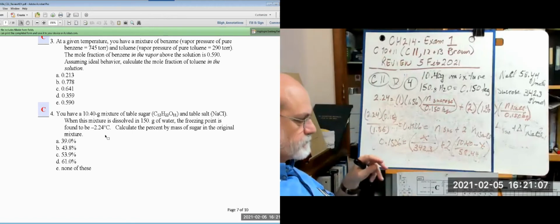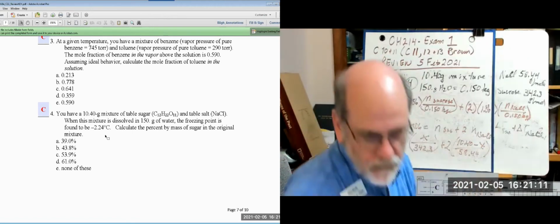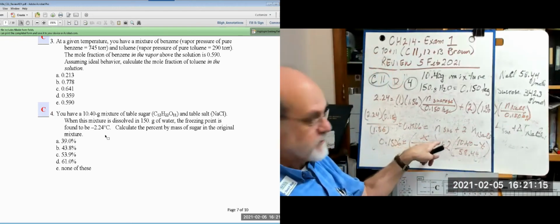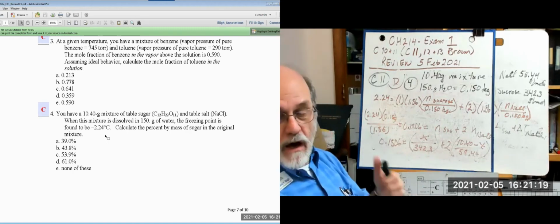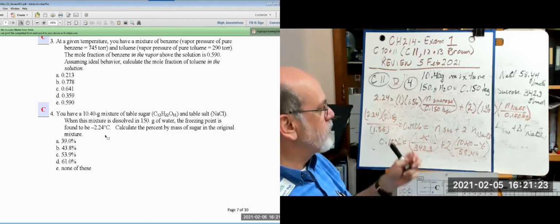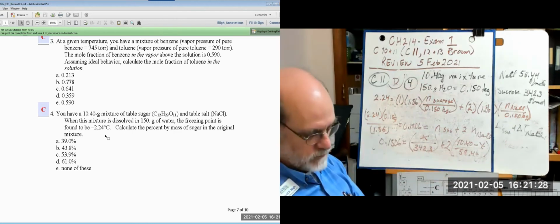Okay? So now all the thinking is done. We have an equation in one unknown, X. X will give us the mass of sucrose, and we can ratio the mass of sucrose to the total times 100. We have our answer.